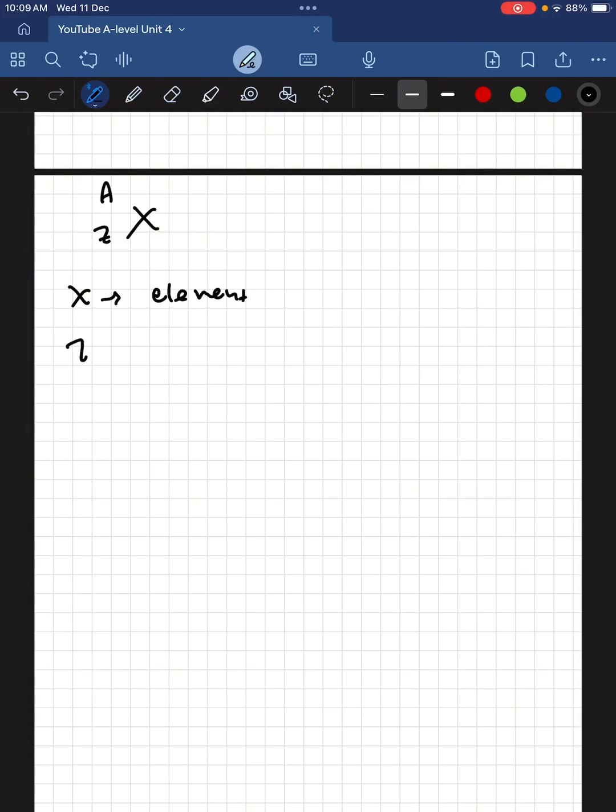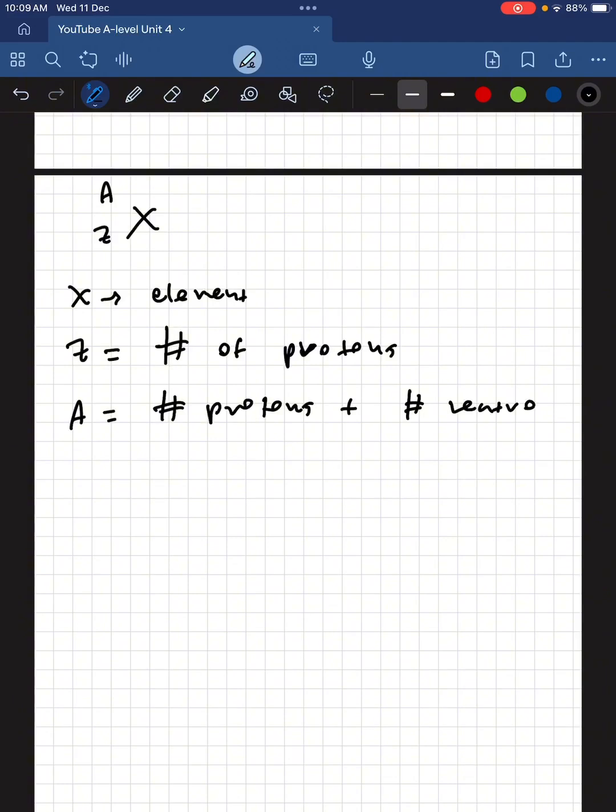Okay, so Z is the number of protons, A is the number of protons plus the number of neutrons, and N is the number of neutrons. It's not written anywhere, I'm just writing it for completeness.